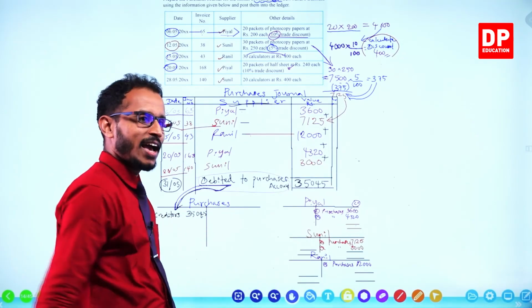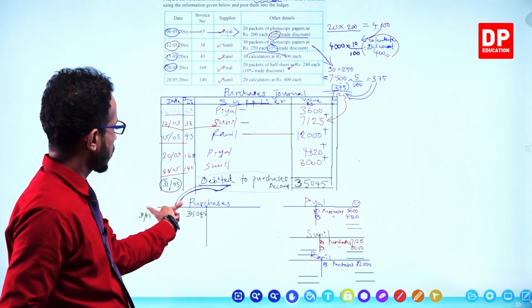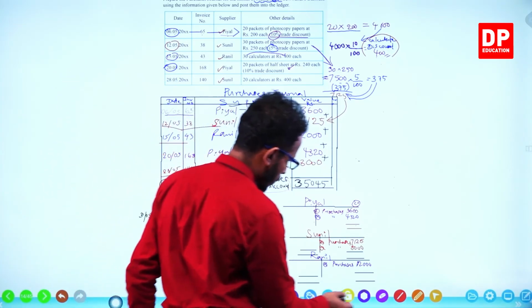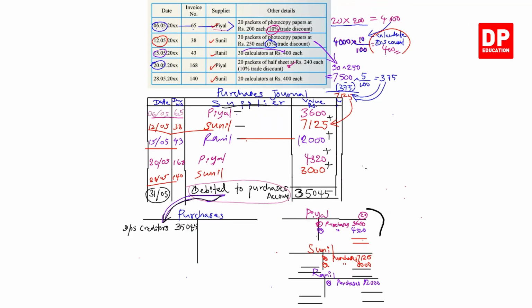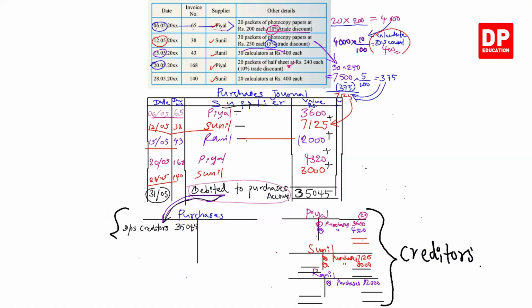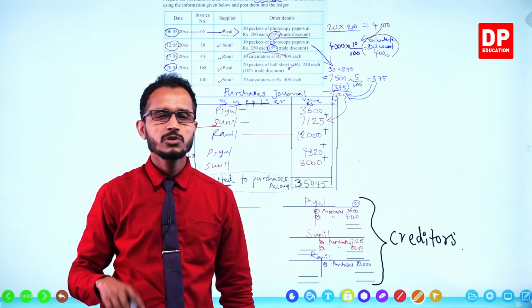Right, children, this is a purchases journal with the relevant creditors accounts. This is the purchases account. Done. I hope you understood. I'm sure that you understood.